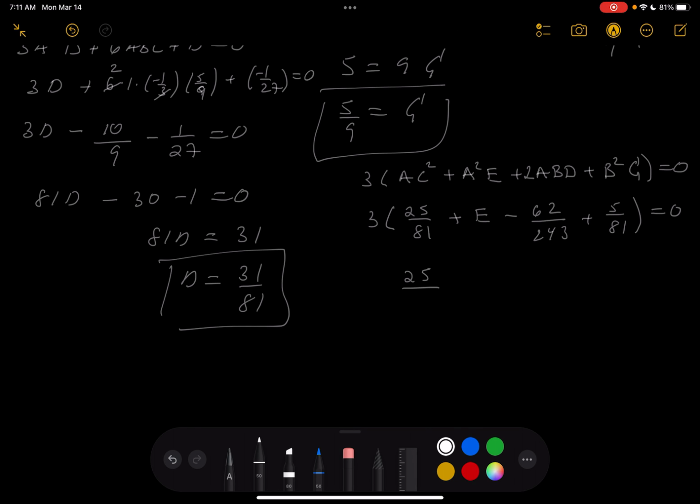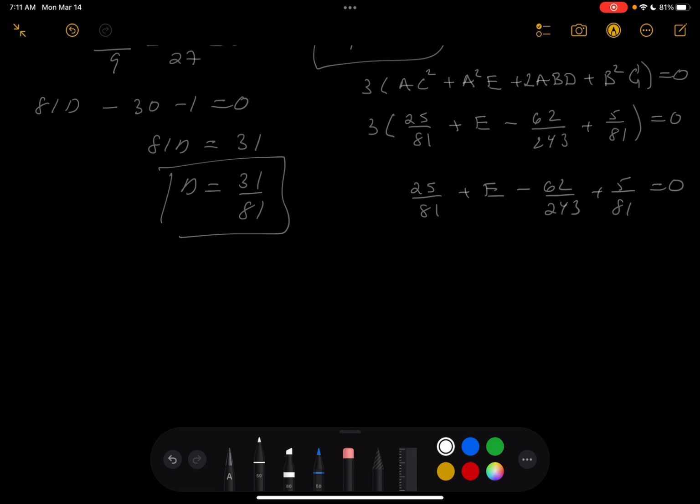Oh, I'm distributing 3, I should say. You know what I'm going to do? I'll divide both sides by 3, just to make it a little bit easier for me. If I divide both sides by 3, you get 25 over 81 plus e minus 62 over 243, plus 5 over 81 equals 0.